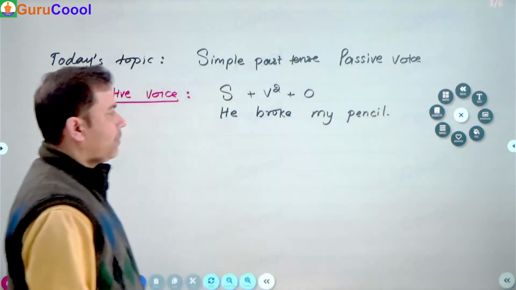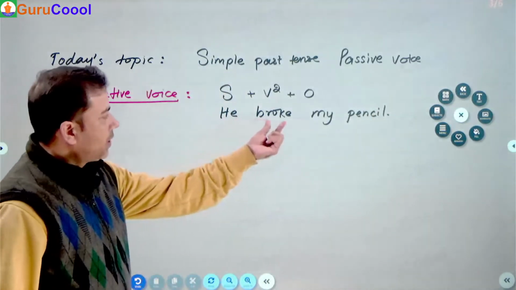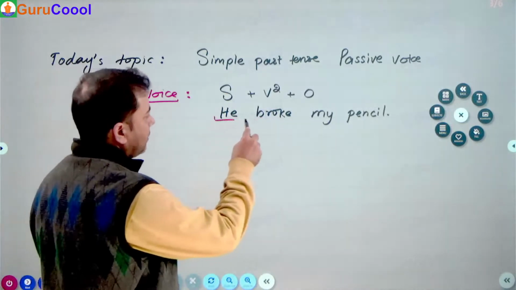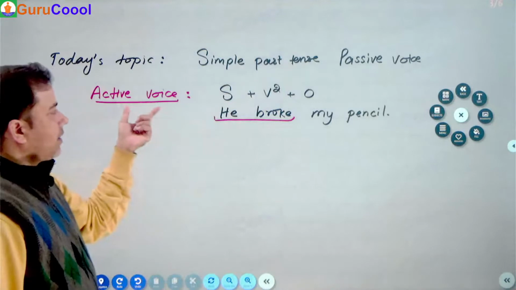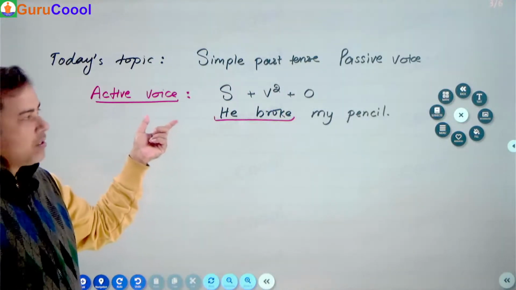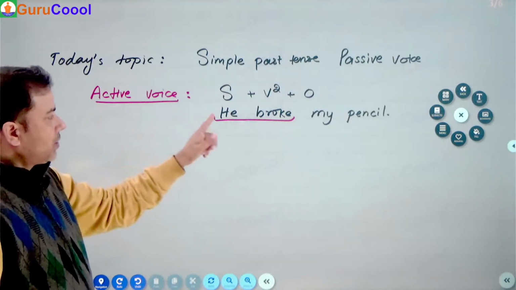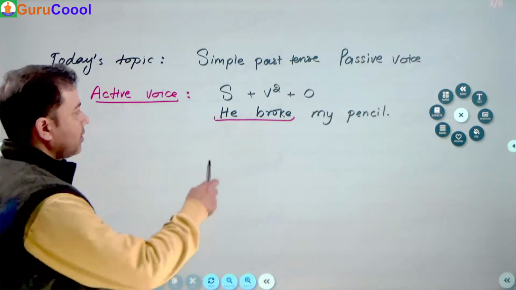Subject plus V2. This is simple past tense active voice. Let us see some more examples.